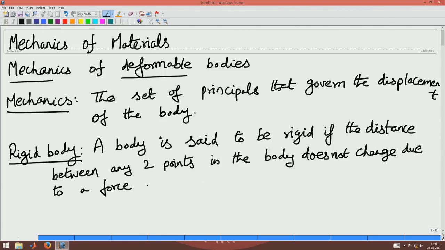Okay. In contrast to this, we have what are called deformable bodies.